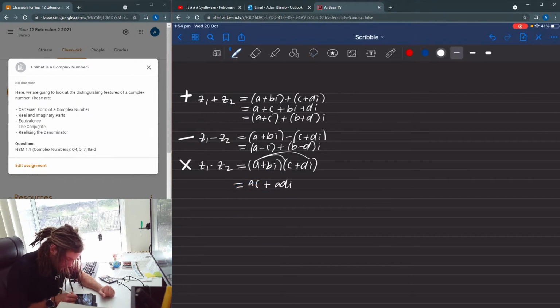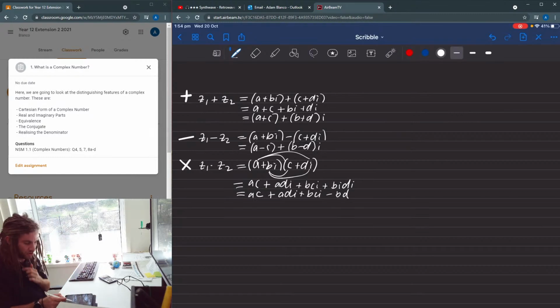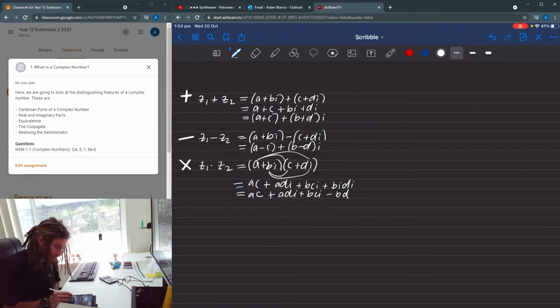ADI plus BCI plus BI DI BD. AC plus ADI plus BCI, and then we've got an I squared here, so this is basically just minus BD. And I could simplify. I could get the real and imaginary parts next to each other, but who really cares?